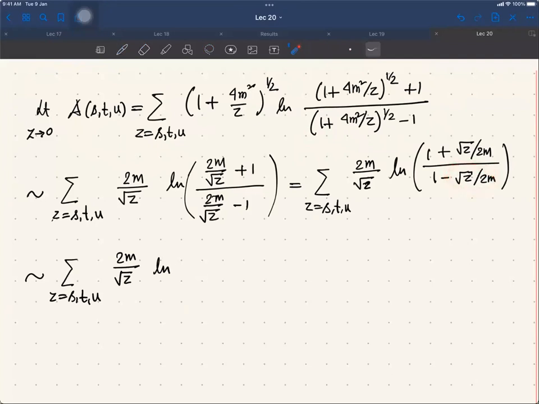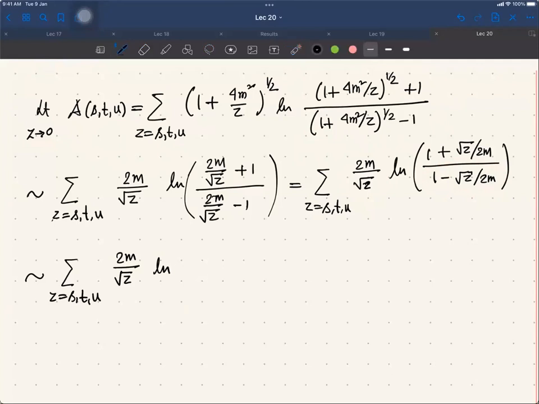Higher order, like root z by twice m squared, can be neglected because those are going to give higher order contributions, and after multiplying with that, we will have some root z factor upstairs, and in this limit that will go to 0. So we will neglect, in the binomial expansion, root z by twice m squared onward.